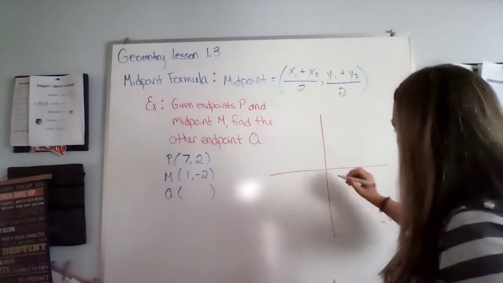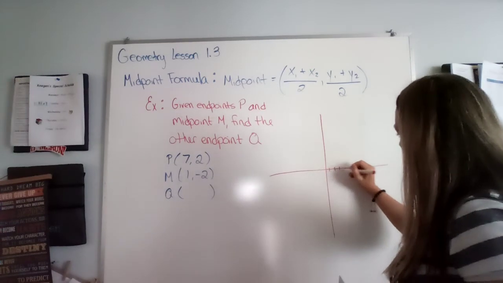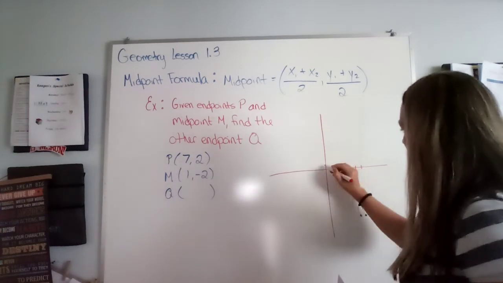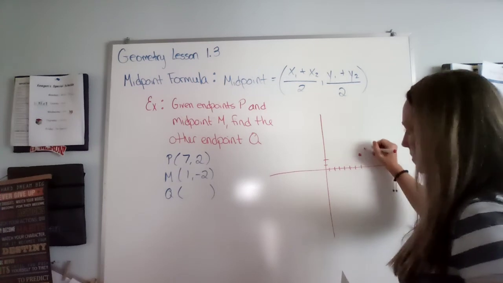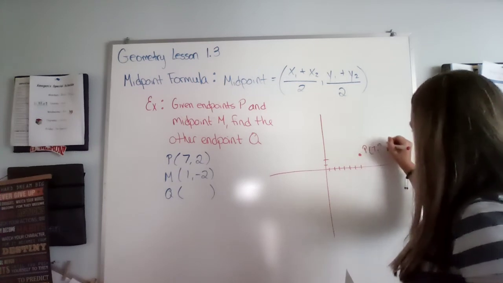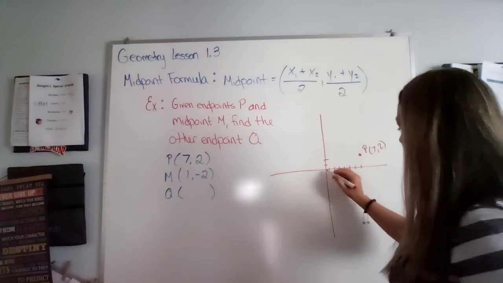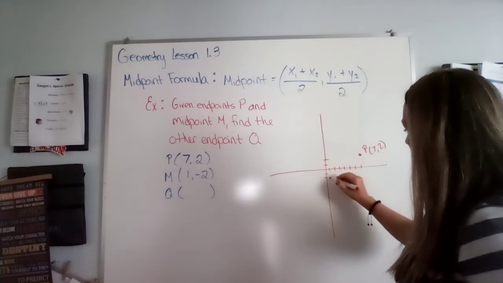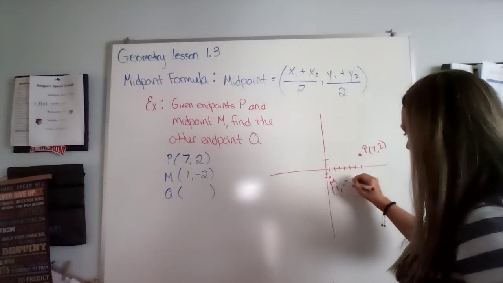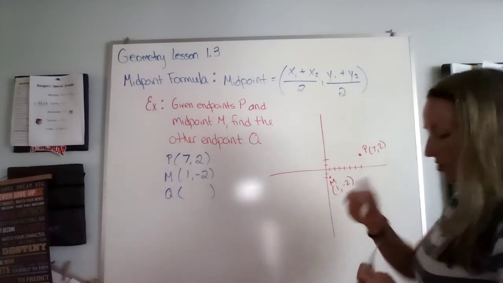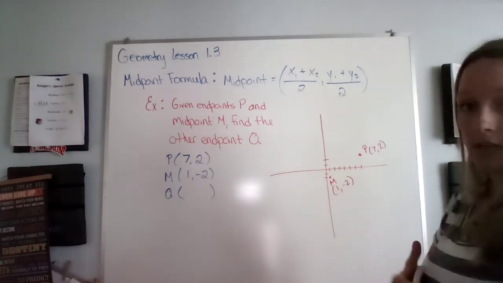So 7, 2. That's P. And then 1, -2. That's M. That's the midpoint. Okay. And we don't know where Q is, the other endpoint.